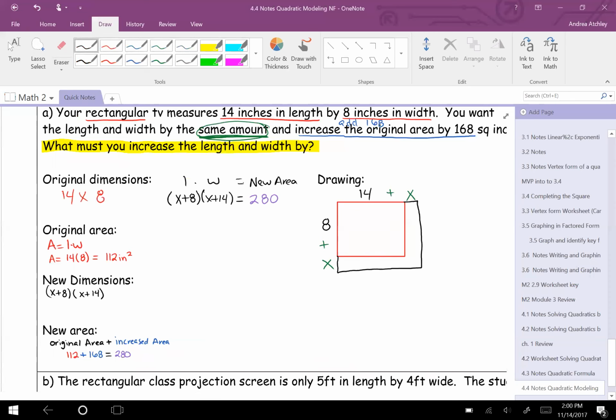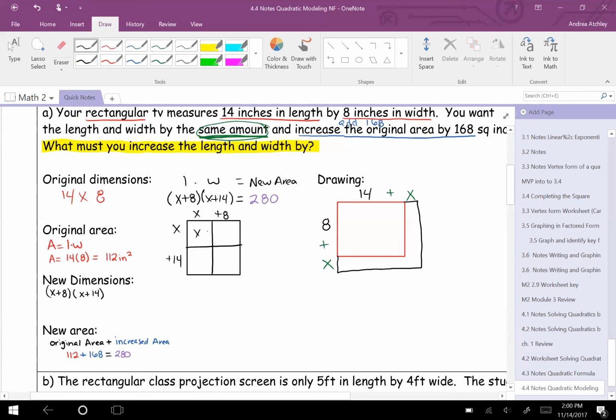In order to be able to continue on, we need to multiply this out. So I draw my box to find the area, x plus 8 and x plus 14.